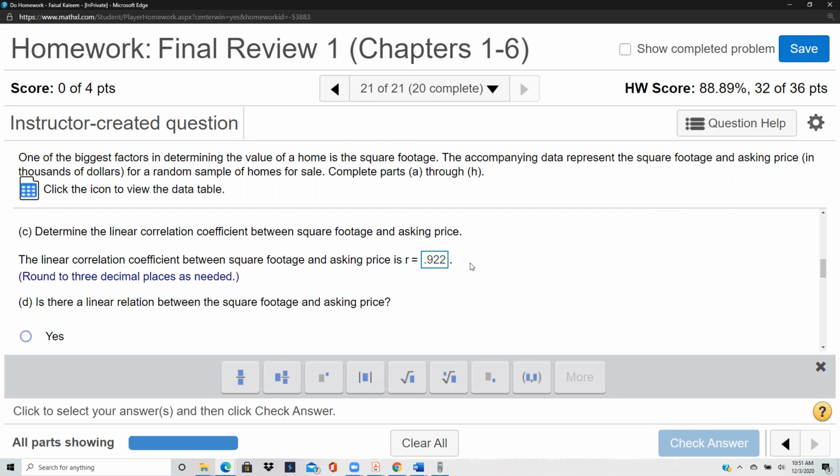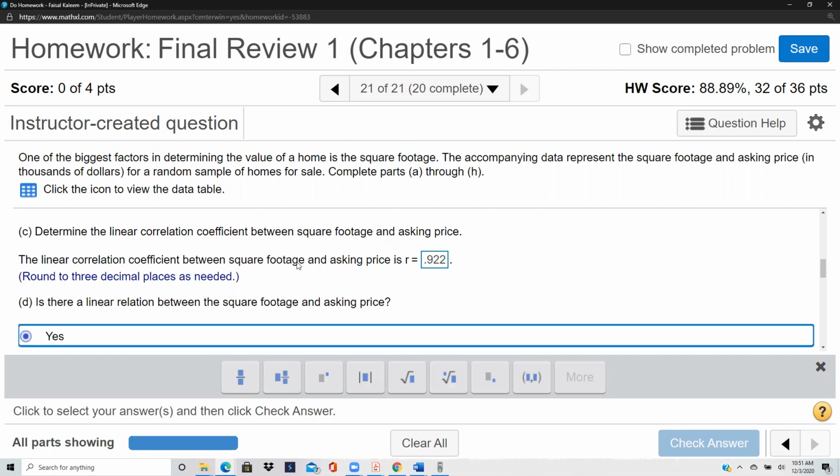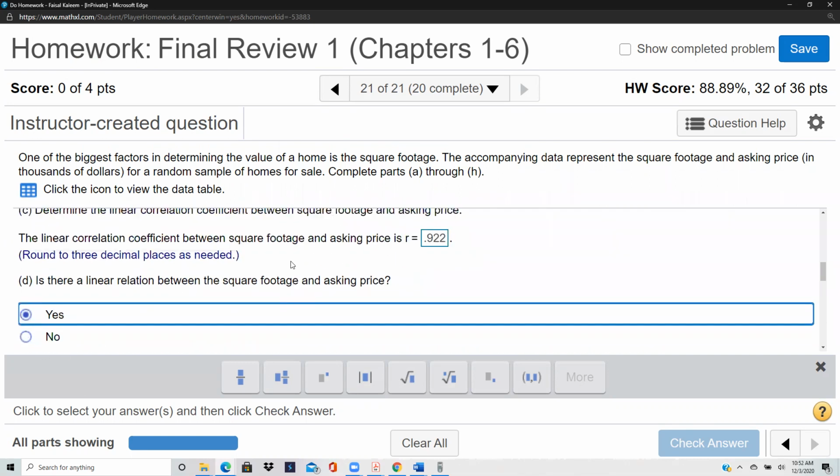Do you think 0.922 is pretty close to 1? Yeah. And all the problems I've seen where they don't give us a table, they always give us something like 0.9, and the answer is always yes. But if the table is given, then you compare it against that. And if it's higher than the critical value in the table, then there is correlation, otherwise not.